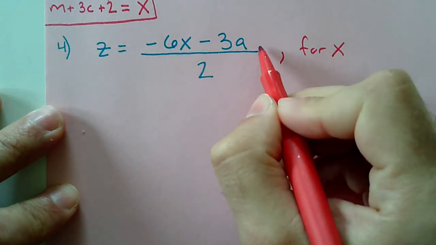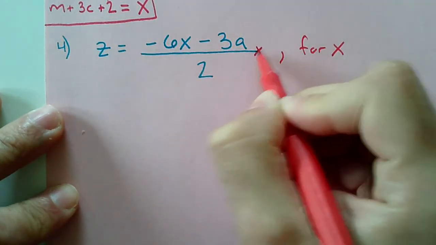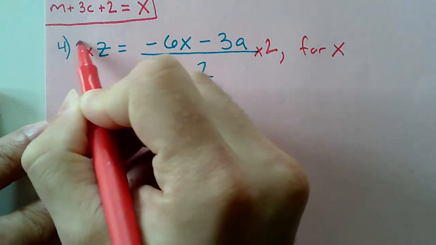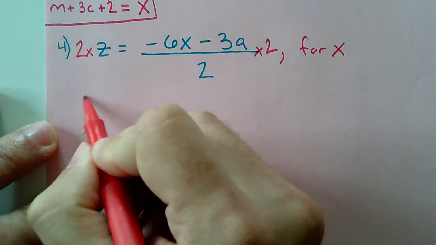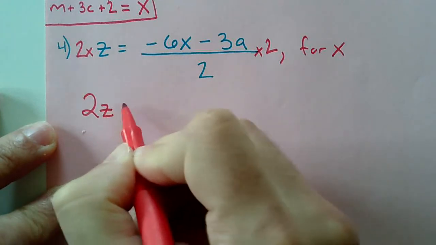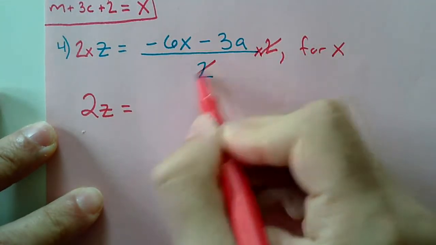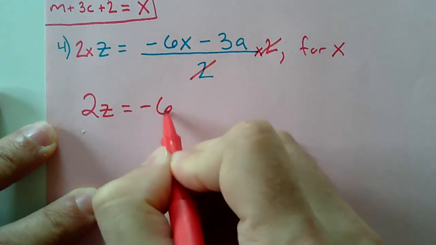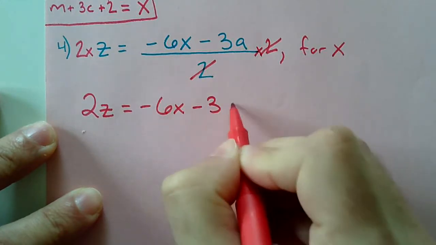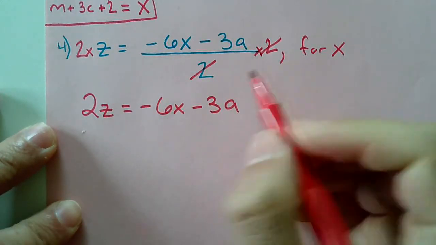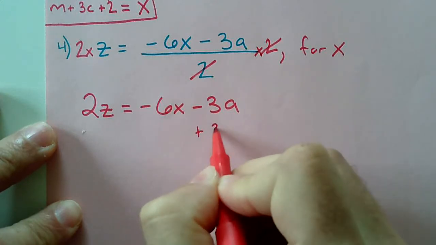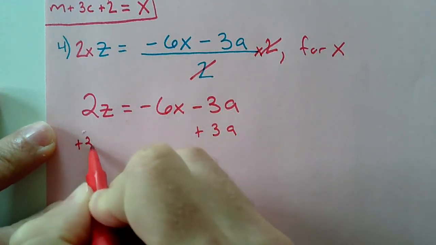So to do that, we're going to multiply both sides by 2. That's going to give me 2z equals, this 2 and 2 will cancel, negative 6x minus 3a. Got to get rid of this minus 3a by adding 3a.